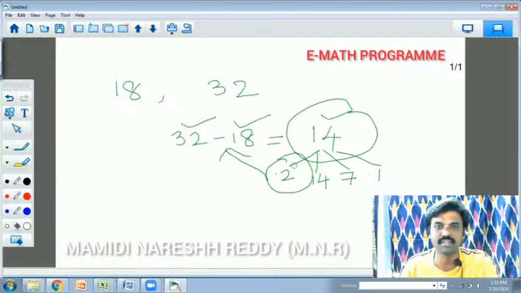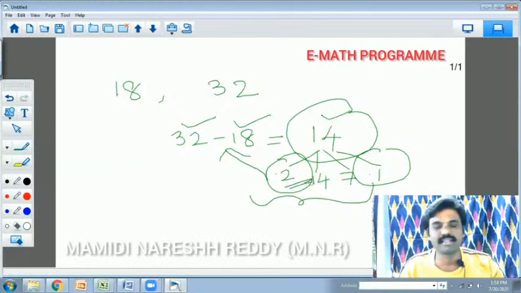If in these four factors of 14 none of them is a factor of 32 and 18, then finally we take 1 as the GCD. As 2 is the common factor of 32 and 18, here 2 is considered as the GCD.